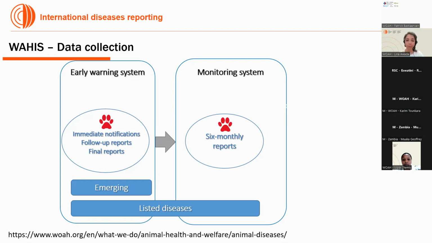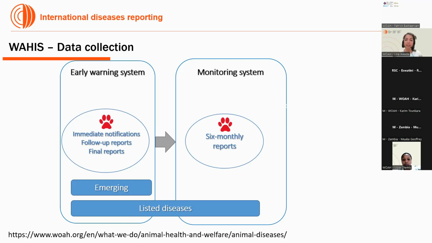In complement, on top of this early warning system, there is also another channel that is called the monitoring system, or that you might know as 6 monthly reports. So we also ask members to provide basic information on each of the 121 listed diseases that are monitored by WOAH. And for each of these diseases, each member country will be asked to say if the disease is present, absent, or if no information has been collected.